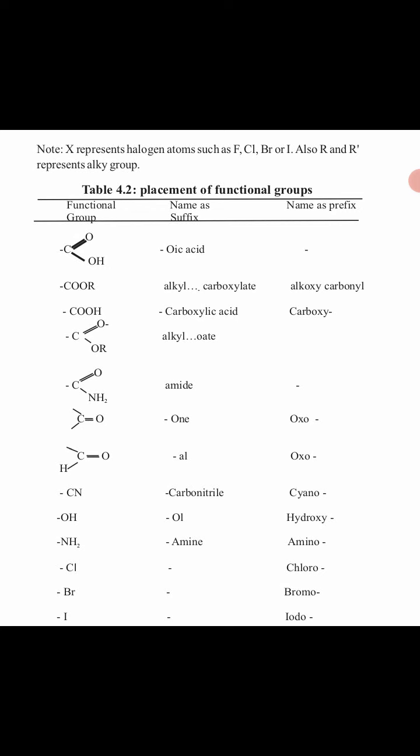The ending name is amine, while as a prefix, it is amino, like you have amino acids. Cl, Br, and I are only used as prefixes. You have chloro, bromo, and iodo.